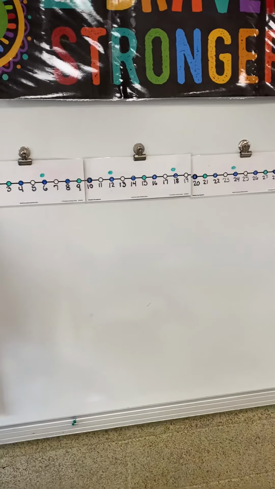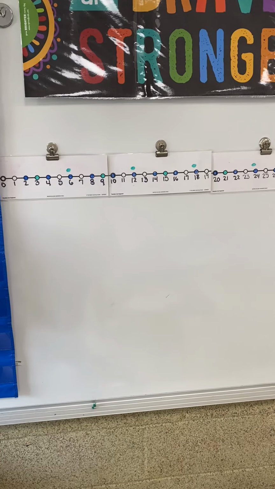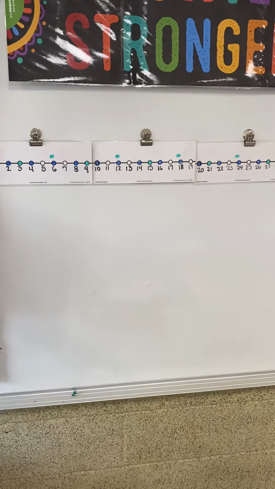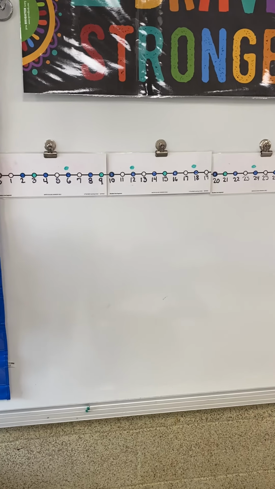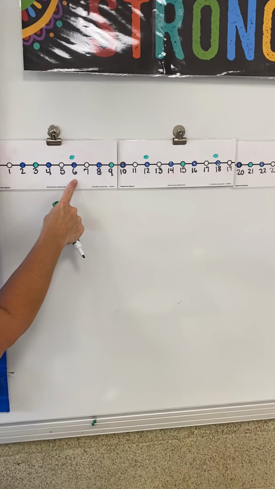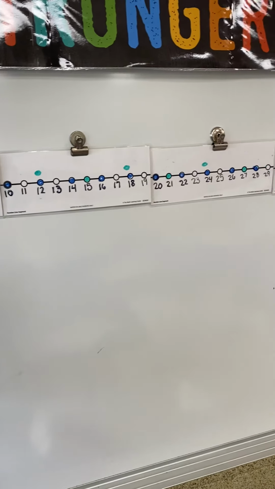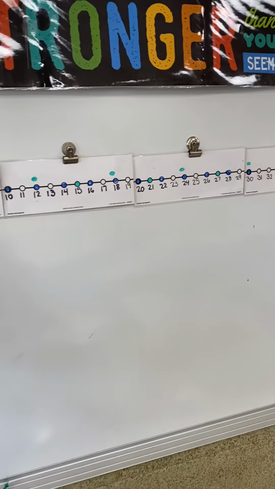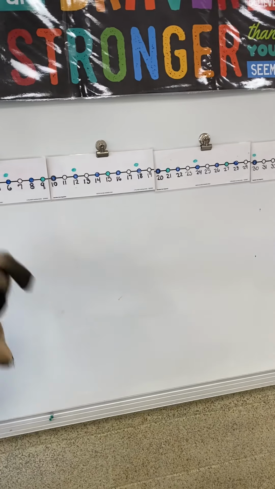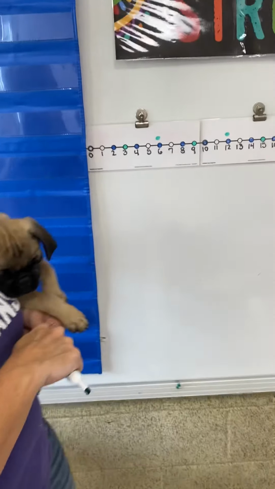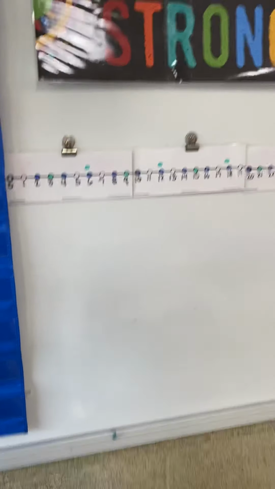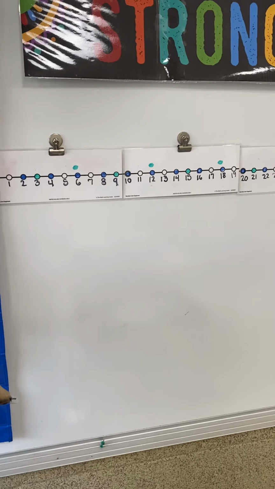So what do you notice about those numbers that they have in common? I want you to think about that. What kind of numbers are they? 6, 12, 18, 24, 30.